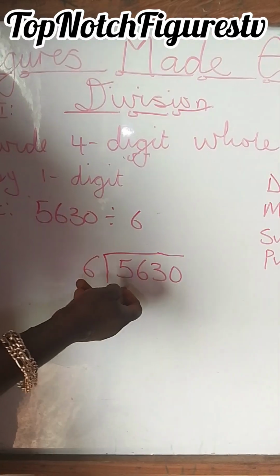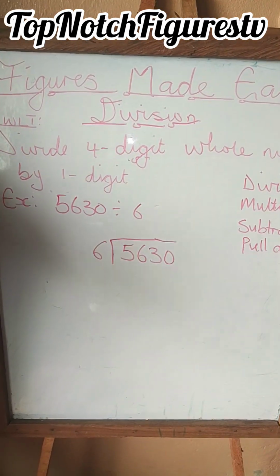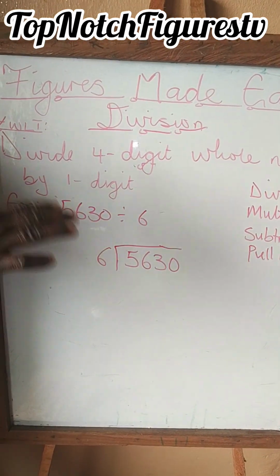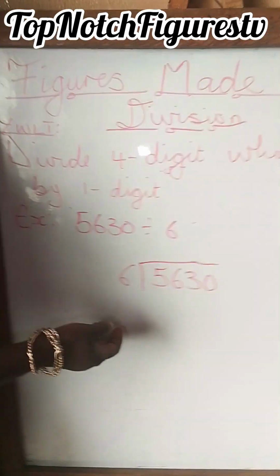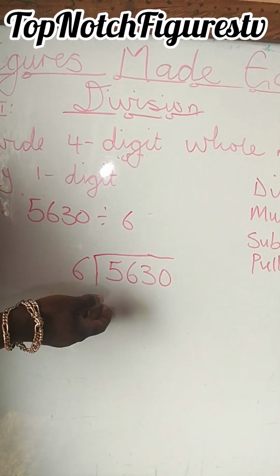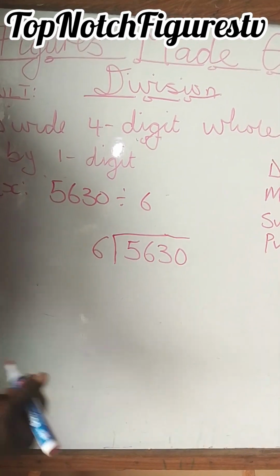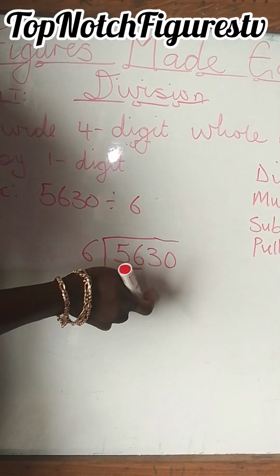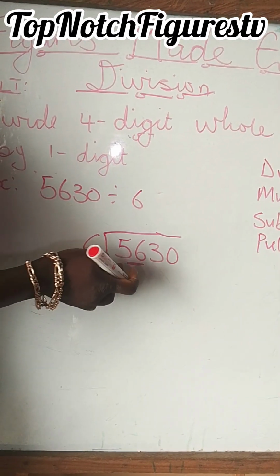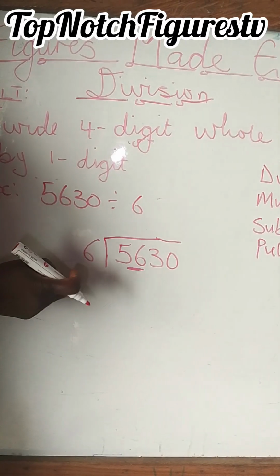This is 5630, but we need to do this gradually. Since we have 6 more than 5, we need to look at the two numbers. So we have 56. So 56 divided by 6.